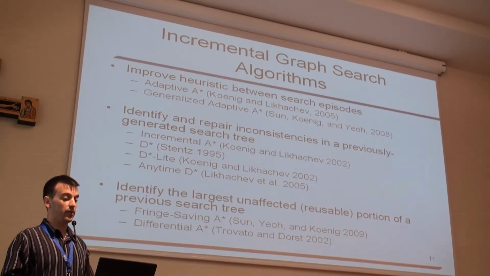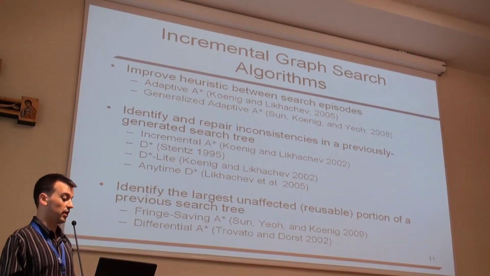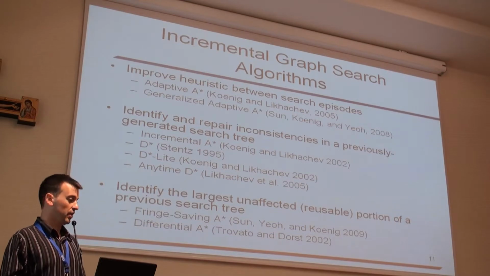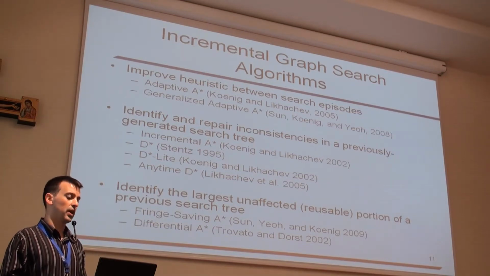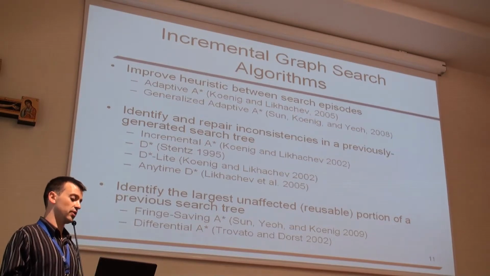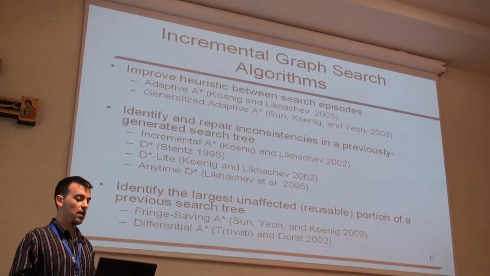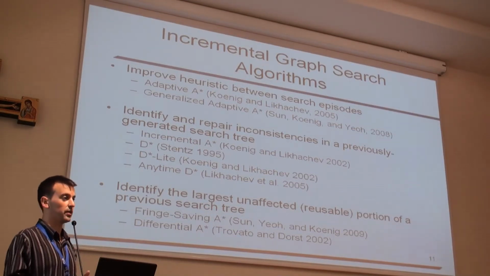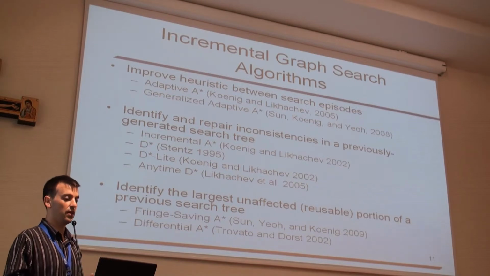These are Incremental A-star, D-star, D-star Lite, and Anytime D-star. They're very general algorithms in the way that they work on any graph and can handle any edge cost change, so increasing and decreasing edge costs. But for example, with D-star Lite, when you have an increase in the edge cost, it needs to expand many states twice in order to correctly propagate the inconsistencies of the search tree.